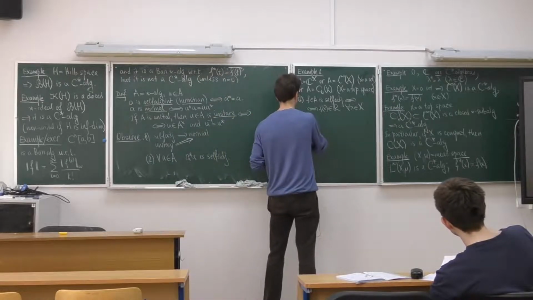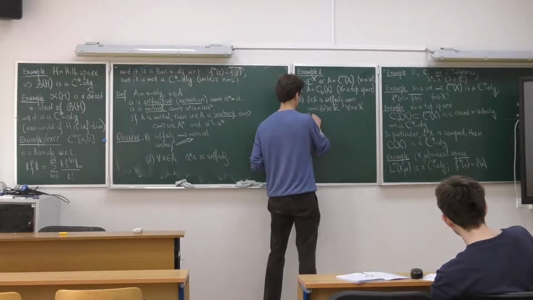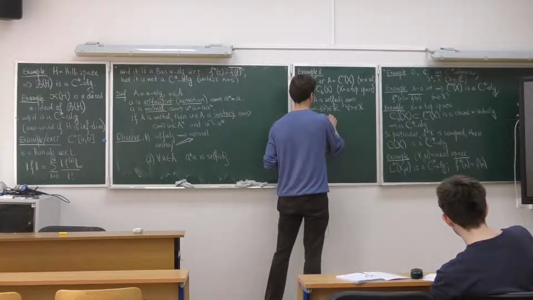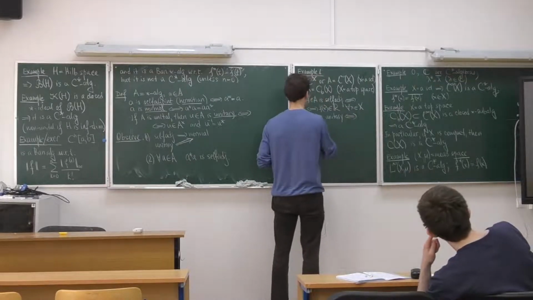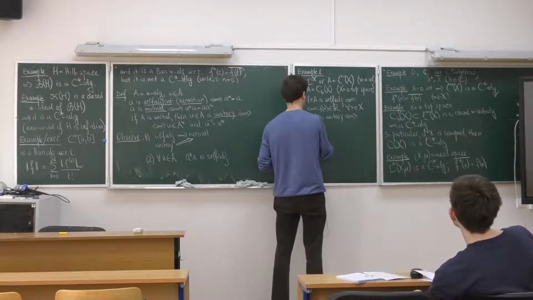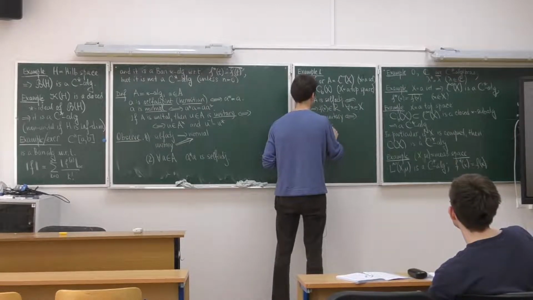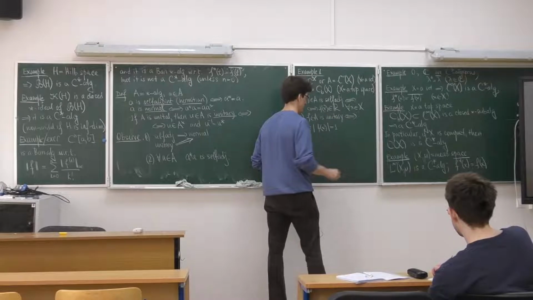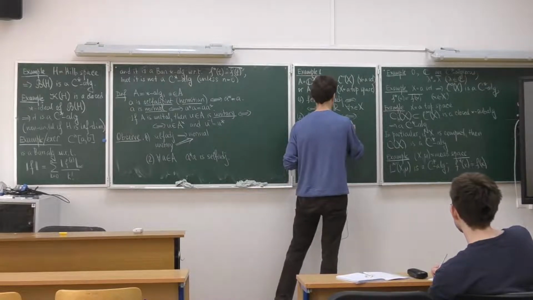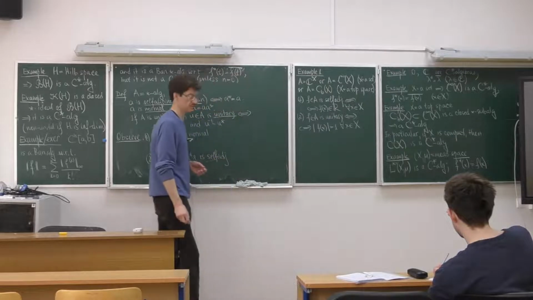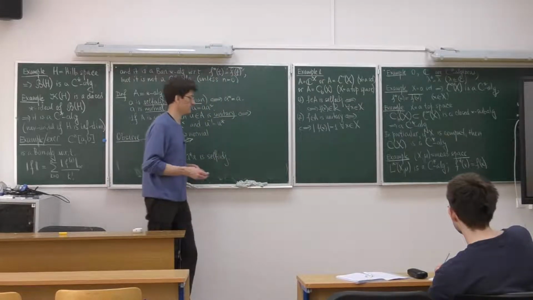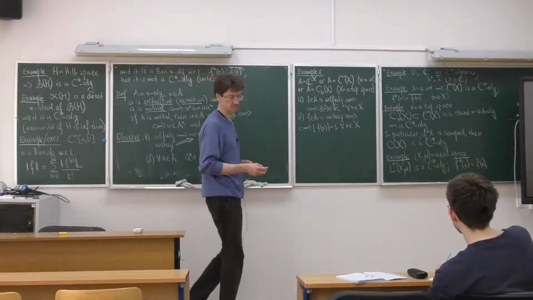And it's also clear from the definition that f in A is unitary if and only if it is unimodular, in the sense that the absolute value of f of x is always 1. At this point, I must recall that we consider everything over the complex numbers.